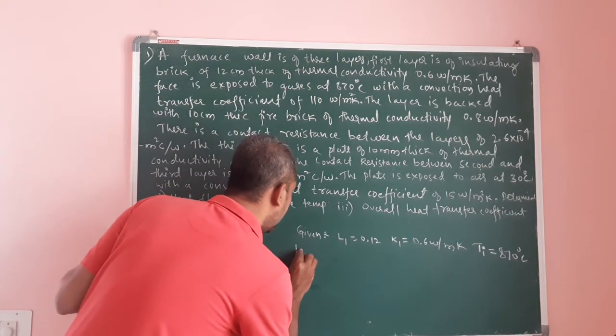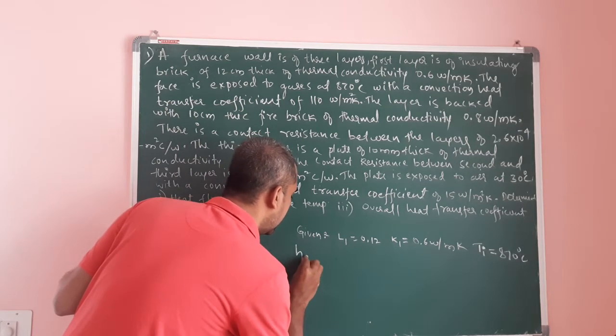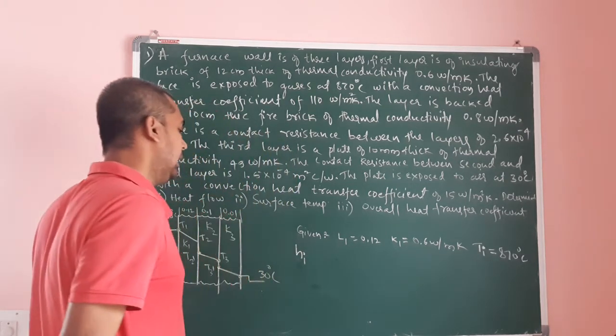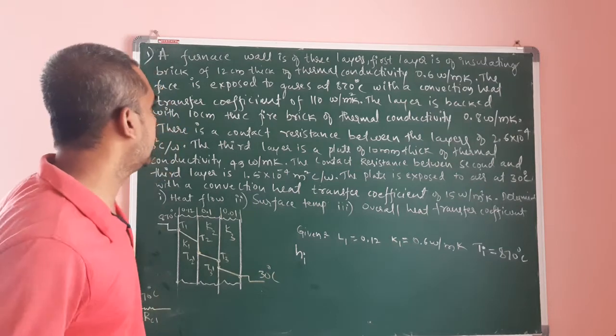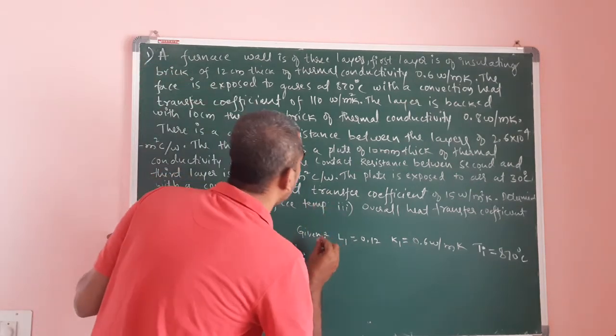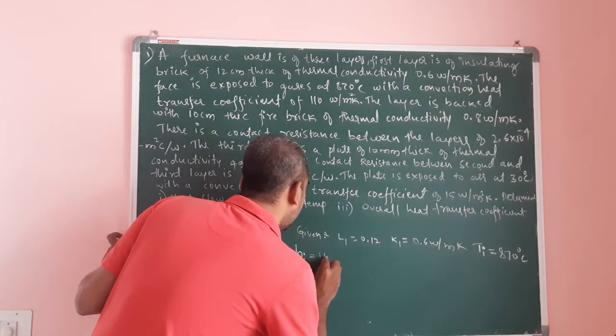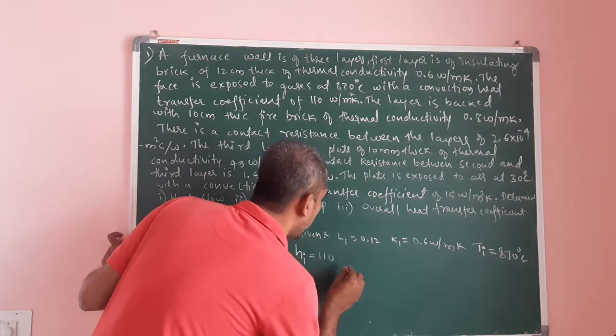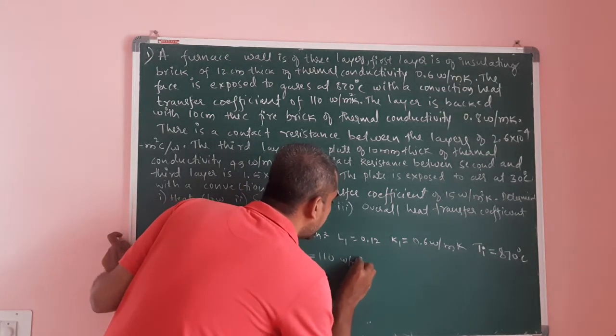HI, heat transfer coefficient inside the furnace. HI is equal to 110 watt per meter square Kelvin.